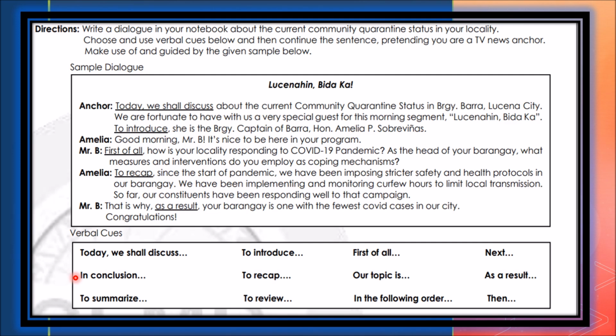When you make a sample dialogue like this one, about the conversation between the Anchor, Amelia, and Mr. B. The title of this dialogue is Lucenahin, Bida Ka.